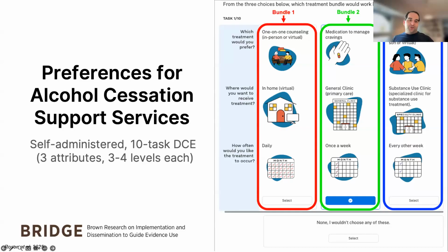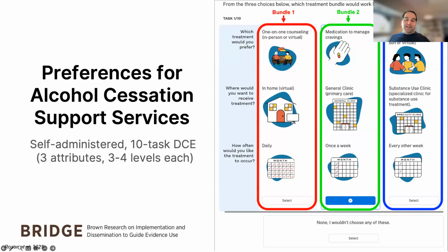which was nested within one of the rounds, done cross-sectionally in this cohort study. As with the other procedures of the cohort, this part of the survey is entirely self-administered, so participants were able to complete the discrete choice experiment on their own without an enumerator or survey administrator. This specific discrete choice experiment included 10 different tasks, and it had 3 attributes with 3 to 4 levels each.